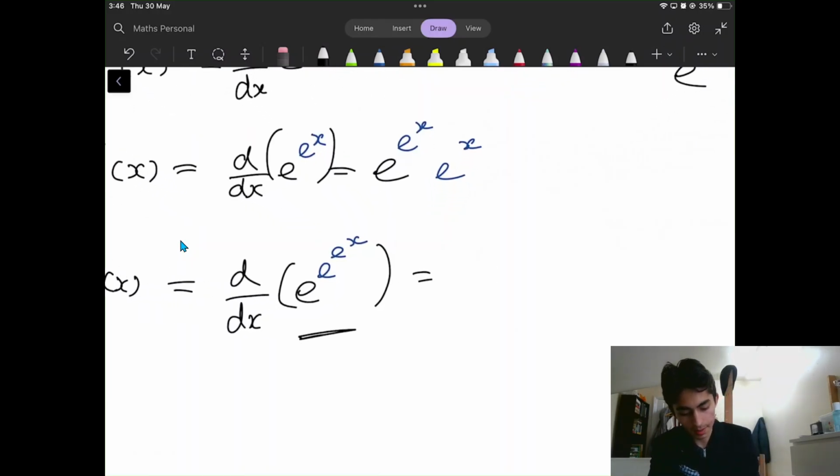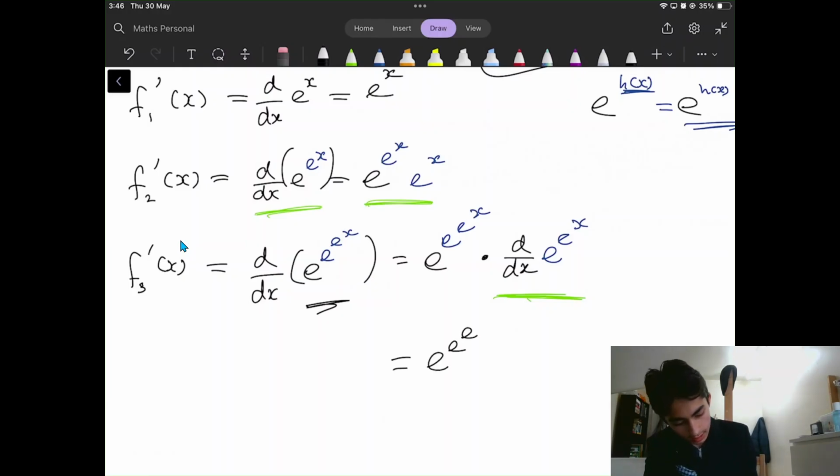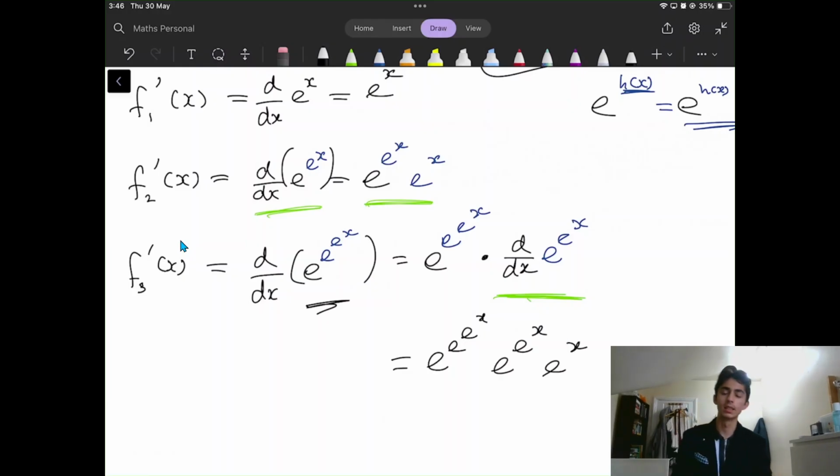So we repeat the same exact function, multiplied by the derivative with respect to x of the exponent, e to the e to the x, right? And luckily for us, we already know that the derivative of this is over here, which is e to the e to the x times e to the x. So we end up with e to the e to the e to the x times what we've already worked out, which is this, okay?